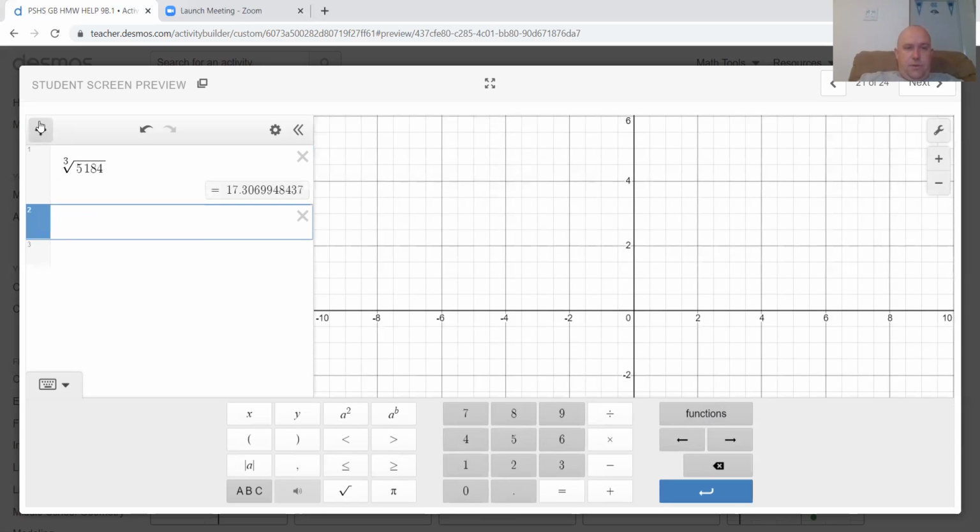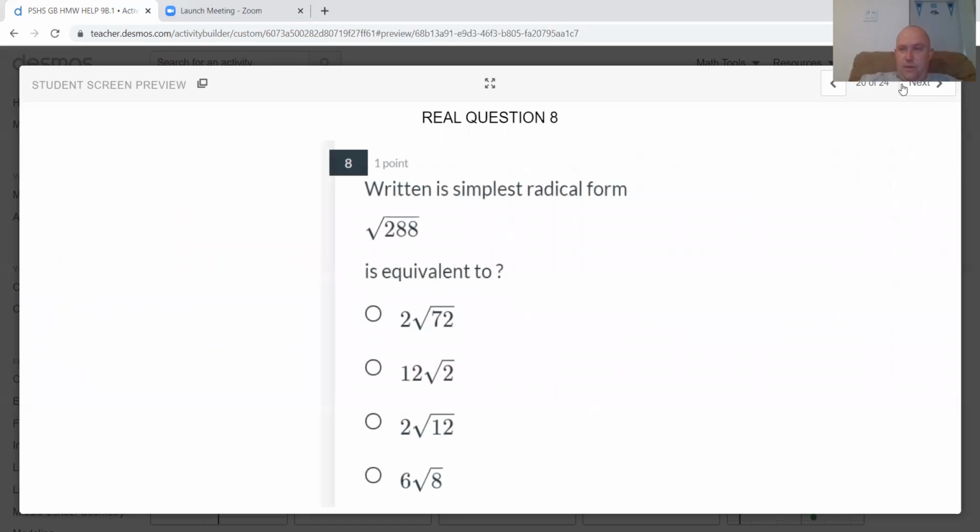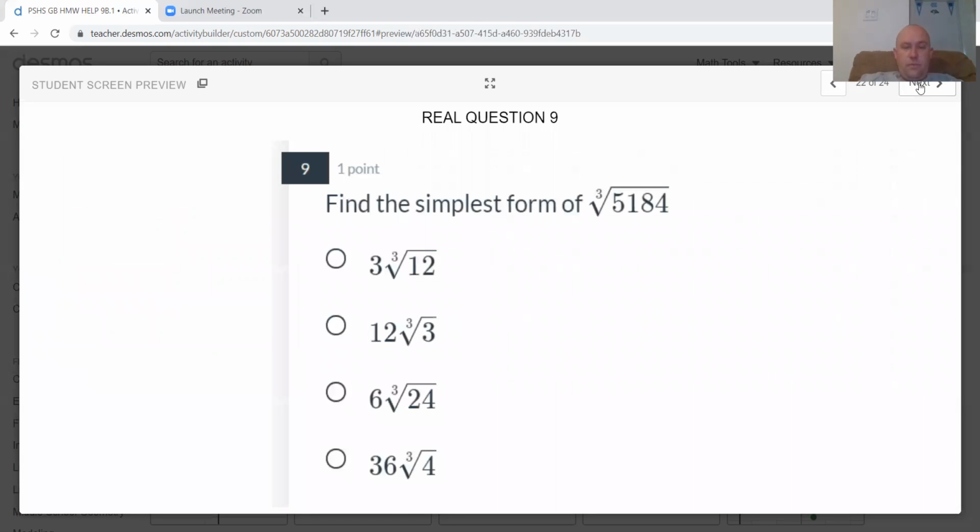It's a decimal, so you put in your table. And just remember for cube roots, though, you got to divide by x to the power of 3. So 5184 divided by x1 cubed, and then you'd start from 17, and you would keep going until you find out which actually is the correct answer.